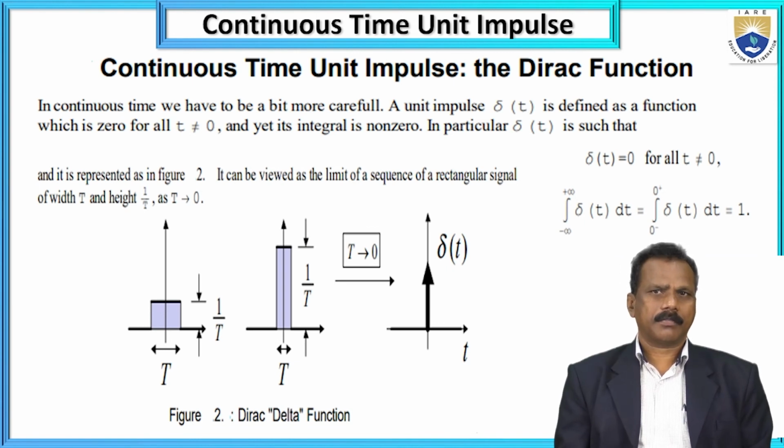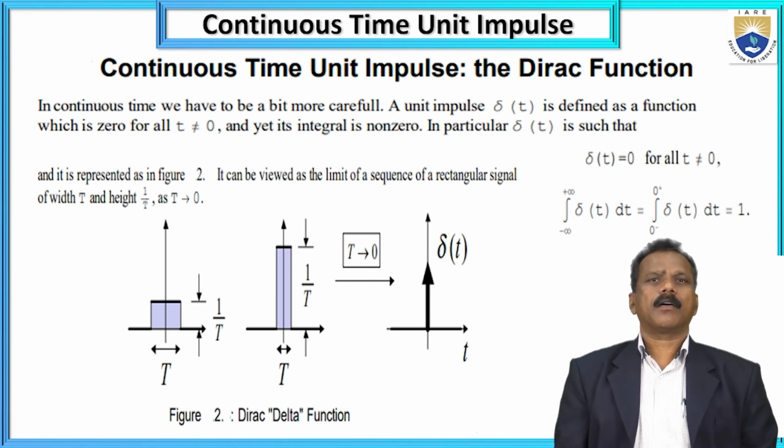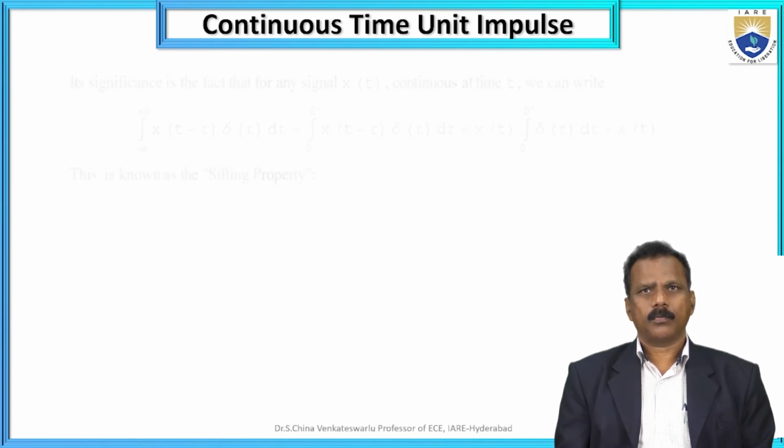The Dirac delta function can be viewed as the limit of a sequence of rectangular signals of width t with height 1 by t as t tends to 0.